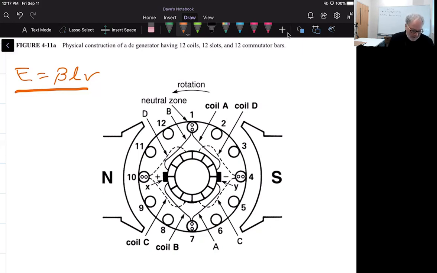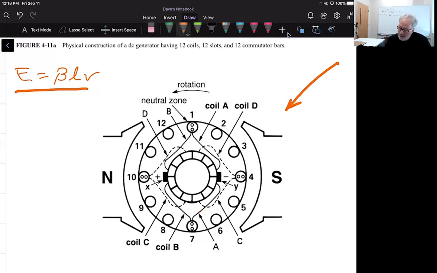Now, as we go through this, we're going to walk through a physical construction of a generator, which is what we have here, and what we're looking at, magnetic poles north to south. We think in terms of the magnetic flux lines going from north to south across there.